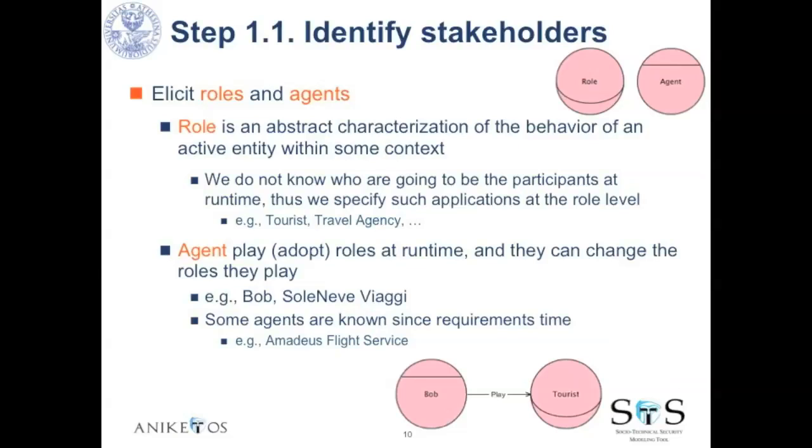identifying the stakeholders? In this step, you'd elicit all the participants in your given case study of the system that you're trying to design. And as I said, in the modeling language, we allow for 2 concepts, that of role and agent. A role is a more generic term than that of agent.